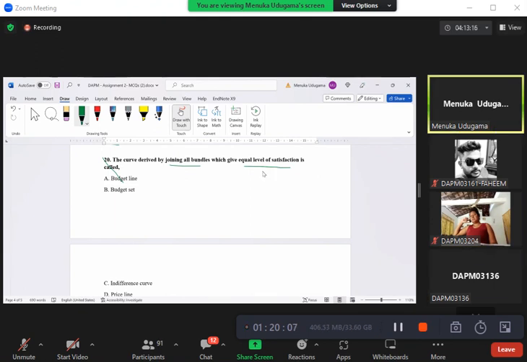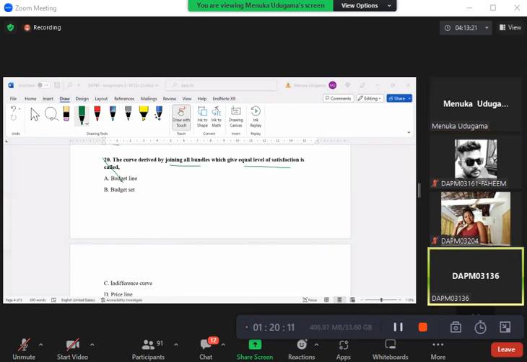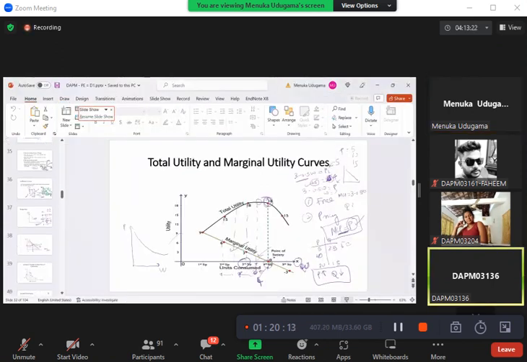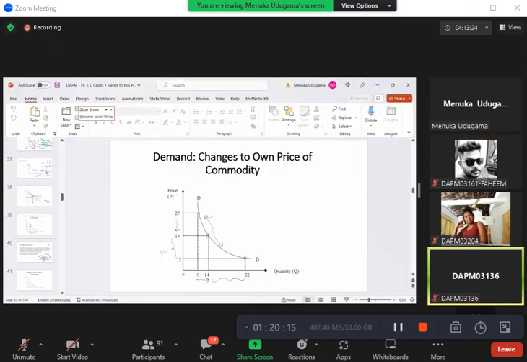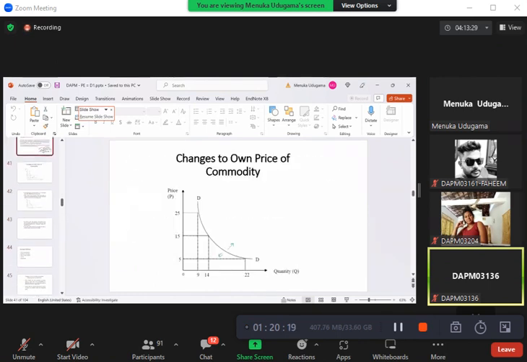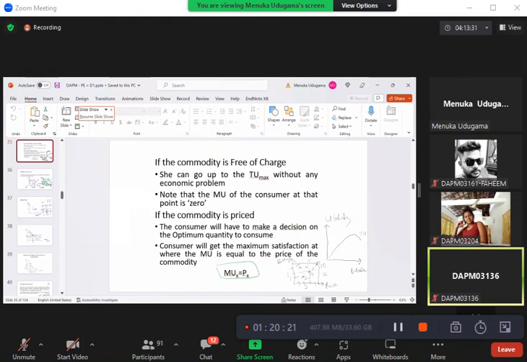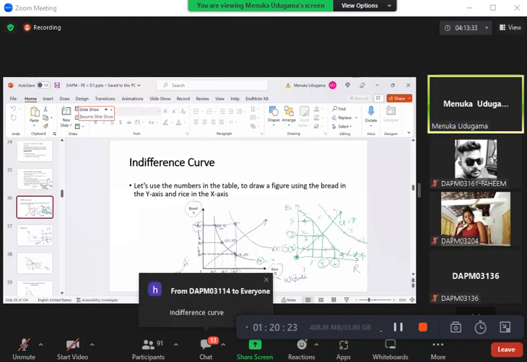You can remember. It's this one, isn't it? Indifference curve. Different bundles, but same level of satisfaction.